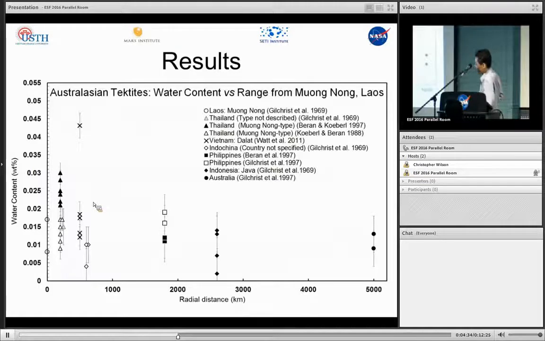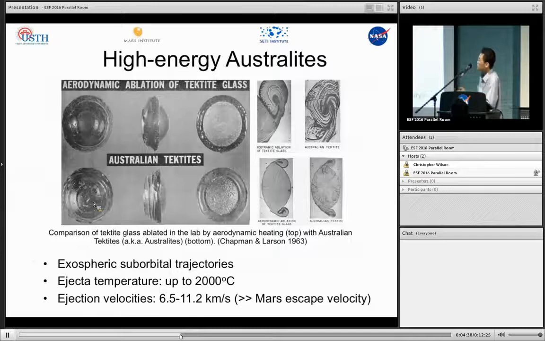Next, let's take a quick look in more detail at the high energy Australasian tektites. Here is a very impressive experiment done here at NASA. Artificially ablated tektites have been reproduced with the same surface structure, a similar thin section, and the corresponding detail of flange structure.